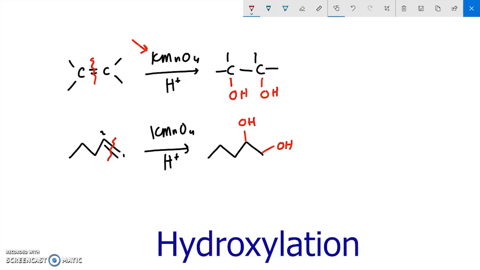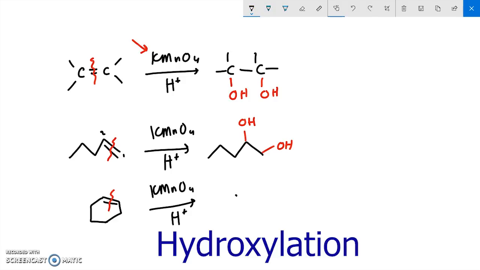In another example, if we have a cyclic alkene, for instance, cyclohexene, and we have a double bond there, react with a similar reagent, which is potassium permanganate. The double bond will be broken while the sigma bond will maintain the same.